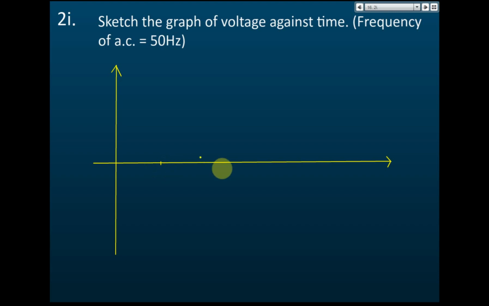For the sinusoidal graph, the maximum value is at the peak voltage. The peak voltage is 339, right? So this is voltage, V, and this is 339, and this is negative 339.